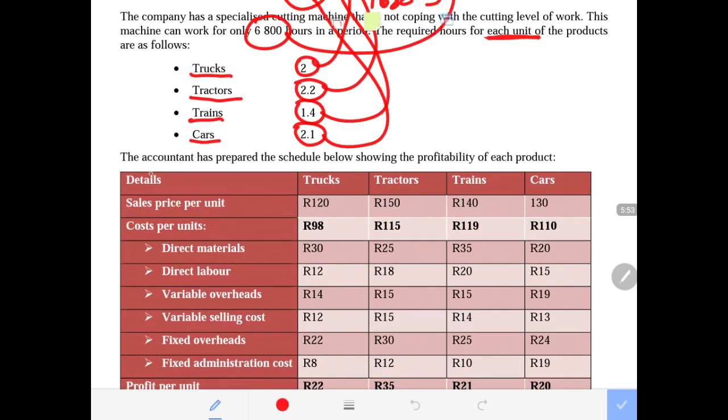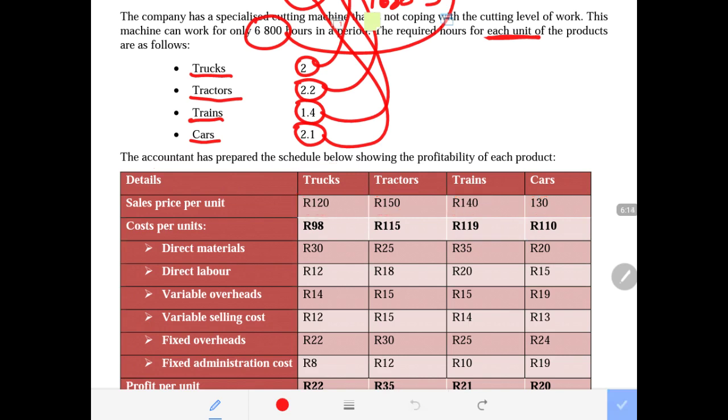We are then given information which says the accountant has prepared the schedule below showing the profitability of each product. We are given the details for the 4 products that the company is selling, and the selling price per unit for each of the 4 products.